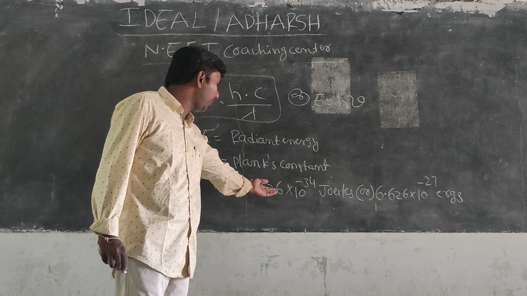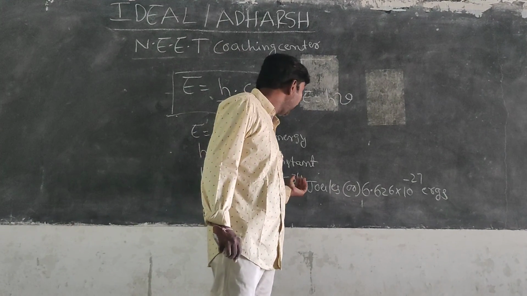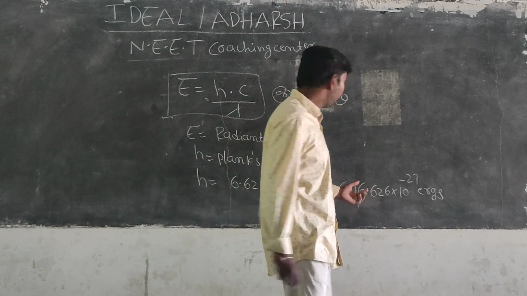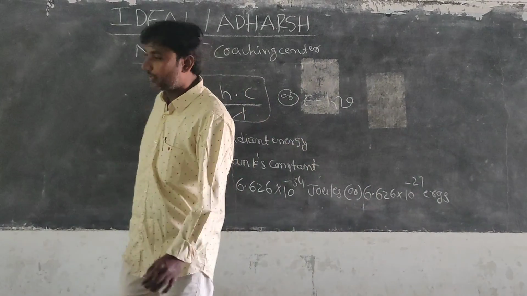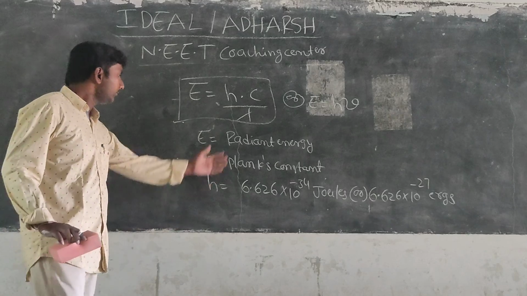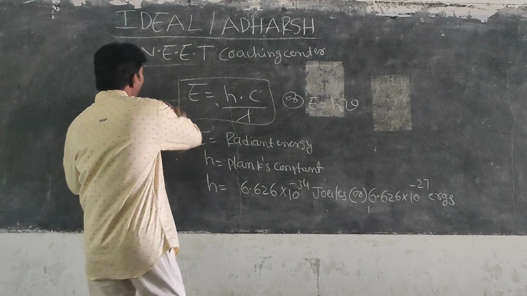The exact value is 6.626 into 10 power minus 34 joules or 6.626 into 10 power minus 27 ergs. This is Planck's theory.